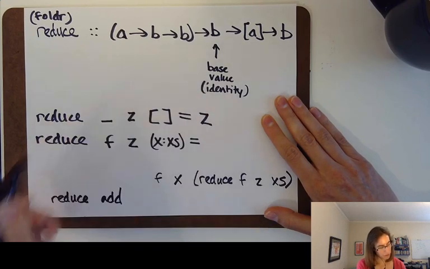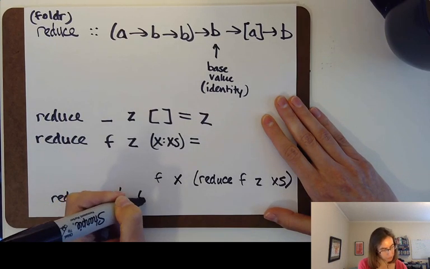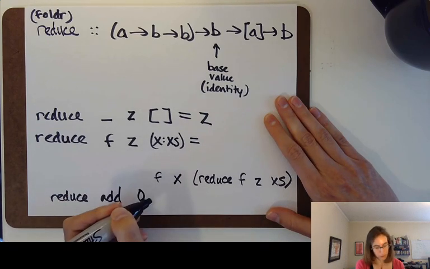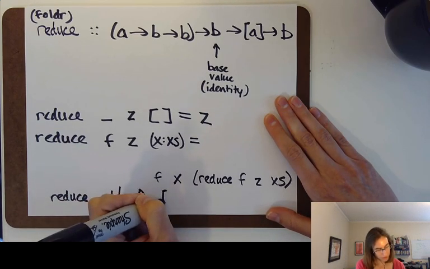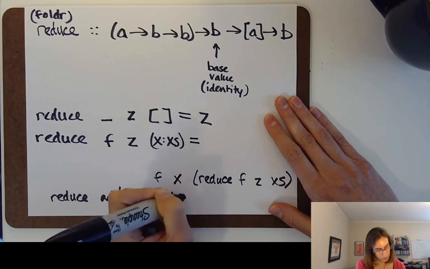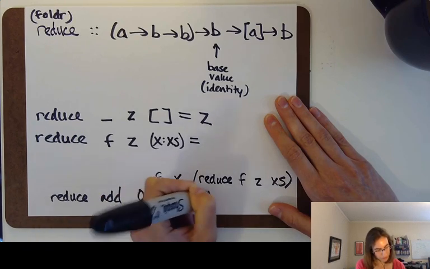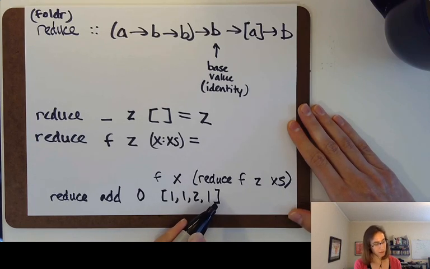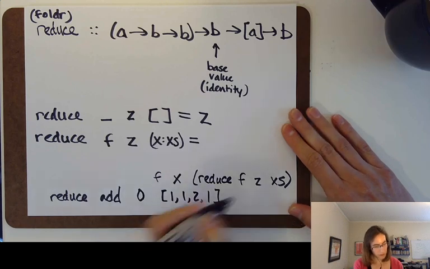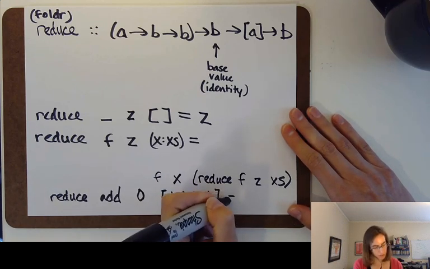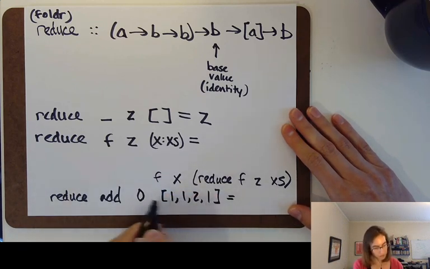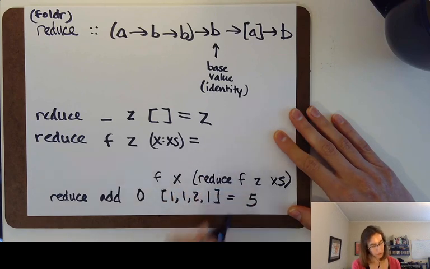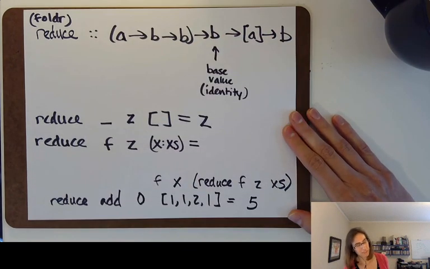The base value that you might pass in would be 0. And then the list of numbers that you would pass in, let's say it's 1, 1, 2, 1, something like what we had in our word count. So what's going to happen? Reduce is going to go through and add those things up, and then the result will be 5, which was the same type as this, which was what it was supposed to be.